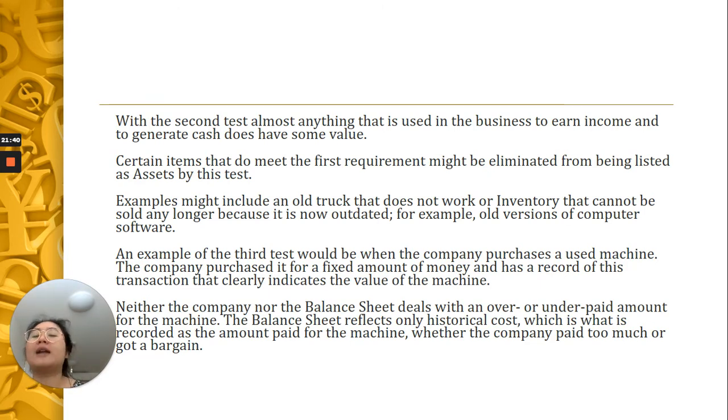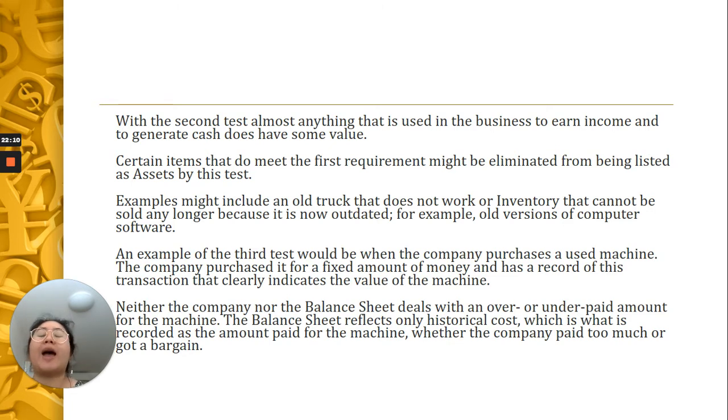The examples might include an old truck that does not work, or inventory that can no longer be sold because it is out of date today. For example, an old version of the company software.